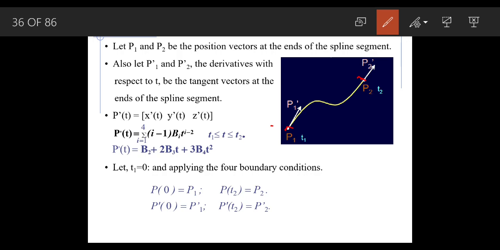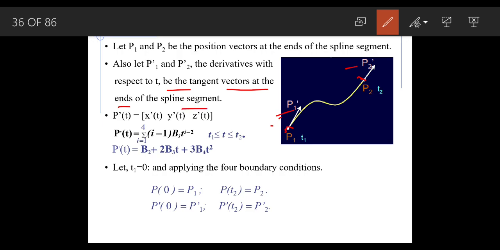This P1 dash is the first derivative that we saw in the previous slide, so first order derivative, second order and so on. P1 dash is the first order derivative of P1, while P2 dash is the first order derivative of P2. So derivatives with respect to t are the tangent vectors at the ends of the spline segment.